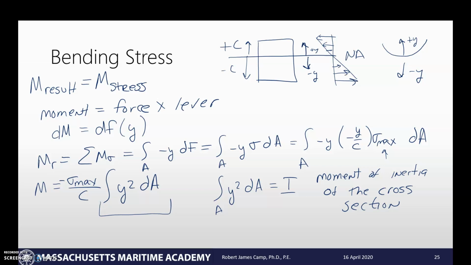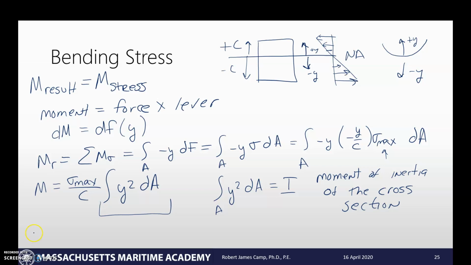So what happens if I put this all together? If I put this all together, I can calculate out the maximum stress. Actually, I put this negative in here. That shouldn't have happened because we have a negative and a negative which cancel out. Sorry about that. I was getting ahead of myself in a different formula.